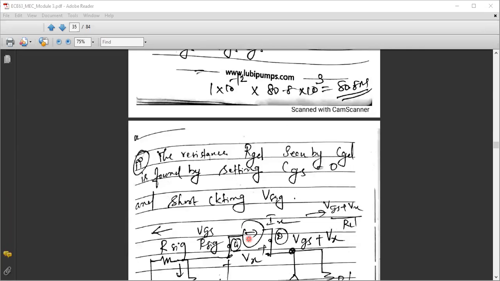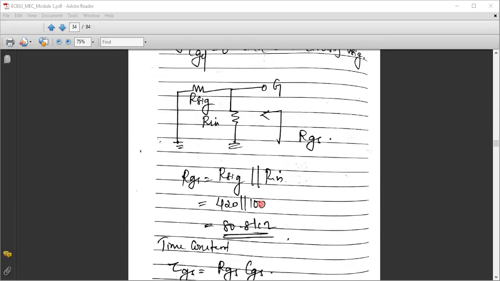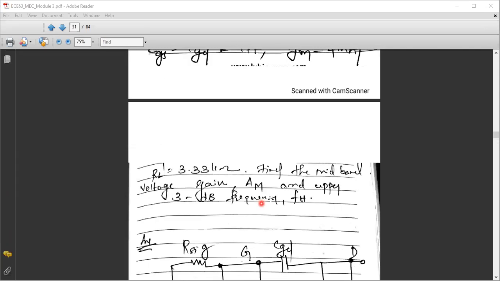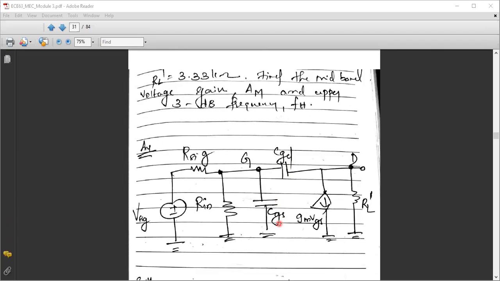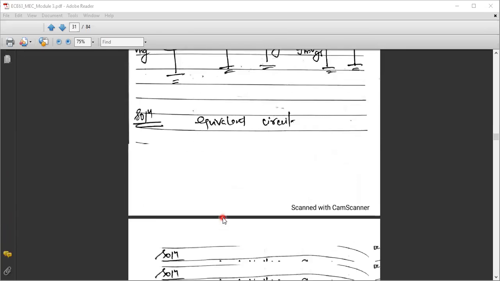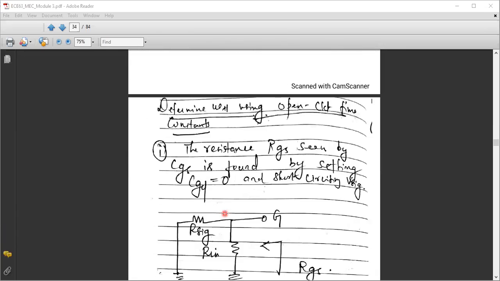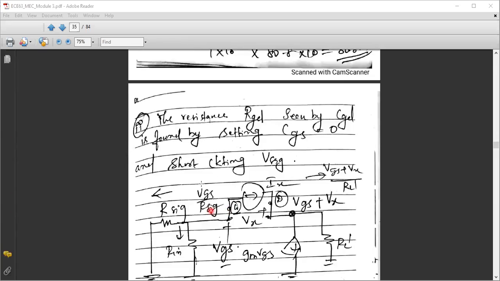In the second case, unfortunately, this was your CGD. If you look into the CGD, we will not be able to get any resistance with direct observation, unlike the previous case. So we have to insert a test current source and voltage source for analytical purposes. I have inserted IX and VX across the gate and drain. We are supposed to find the ratio between VX and IX by applying KCL to node gate and node drain.